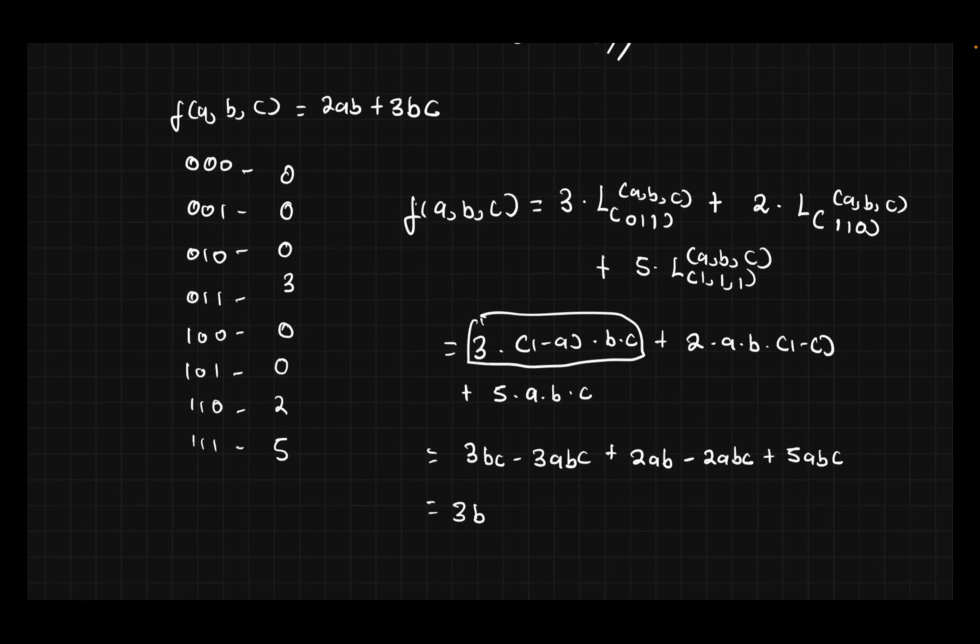There's no like term. abc: 3abc minus 2abc, that's like minus 5abc. Then plus 5abc. So there's no more abc. So this is gone, this is gone, this is gone. Then plus 2ab. So you can see that this is exactly equal to this. Does it make sense? Yeah. So it's not hard. It's the same idea as univariate Lagrange interpolation.